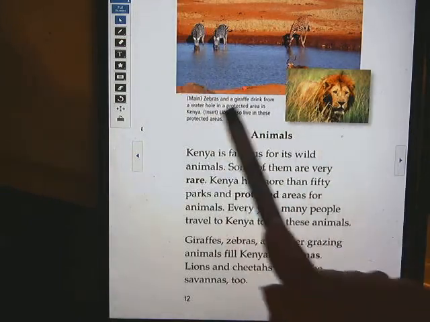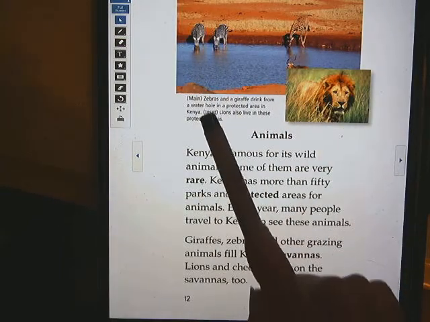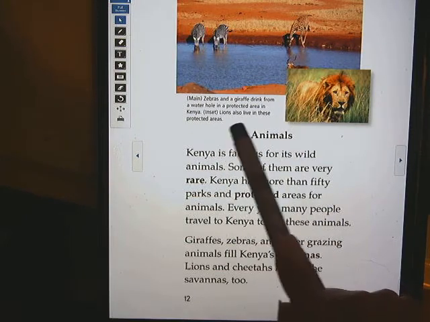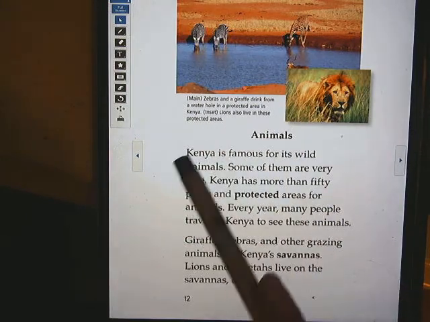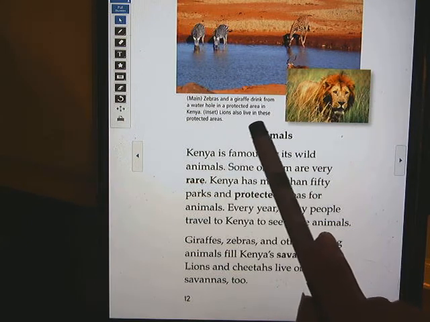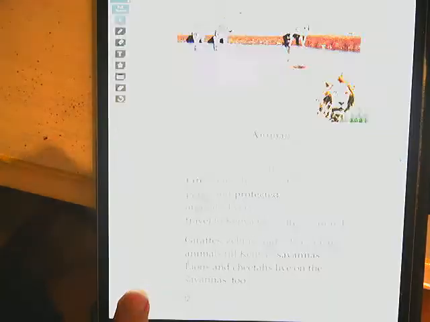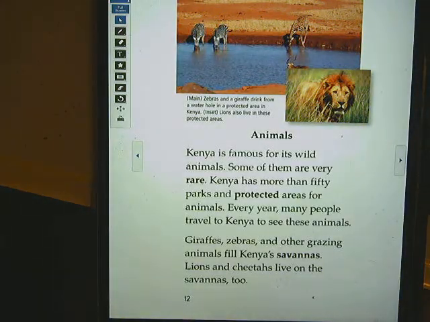Right here, we got another picture with a caption. Let's read the caption. Zebras and a giraffe drink from a water hole in a protected area in Kenya. Lions also live in these protected areas. So again, when we say that they are protected, we talked about yesterday how the governor is trying to protect us from the COVID-19 virus.